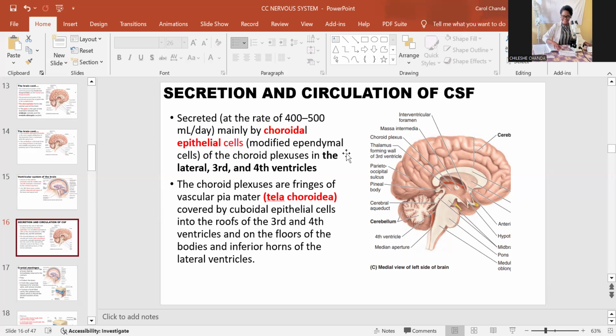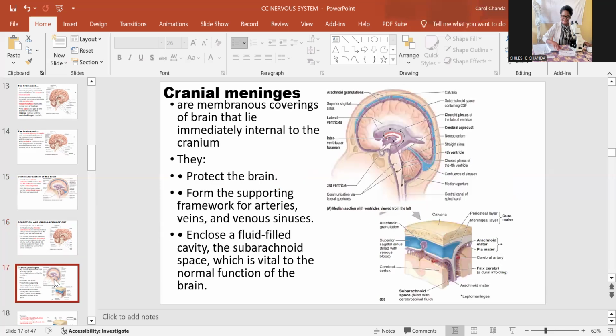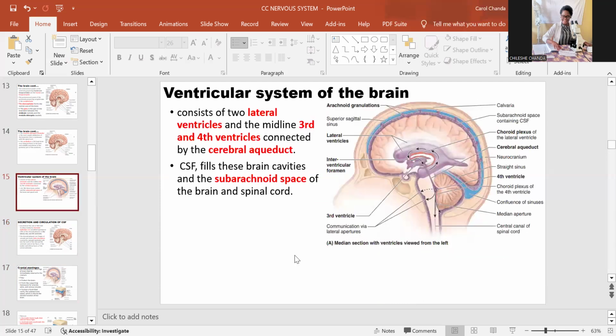This happens in the lateral, third, and fourth ventricles. This diagram is simply showing you how CSF flows, all the way from the lateral ventricles to the third ventricle, all the way to the fourth ventricle. That is how cerebrospinal fluid flows.